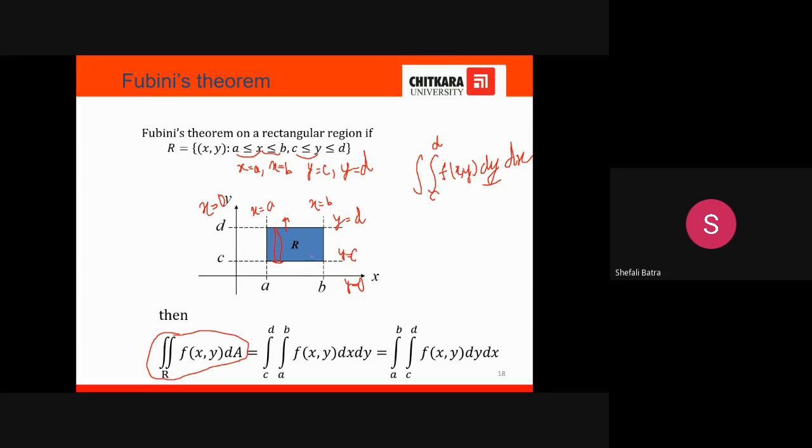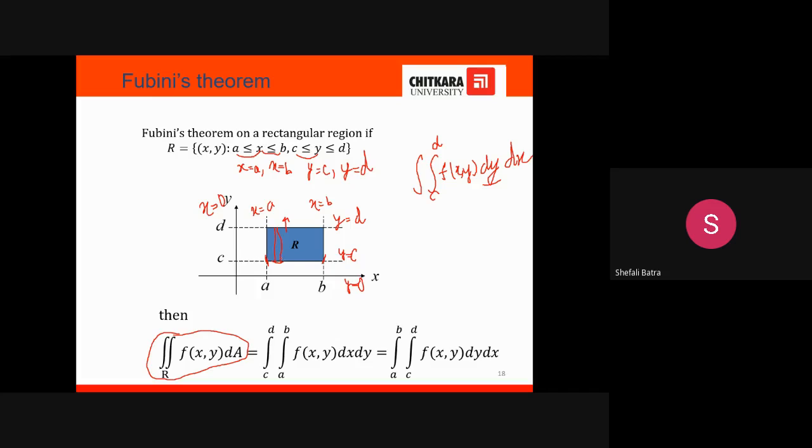To cover this whole region, this is your region of integration, we will be sliding this strip from this point to this point. You will be starting it here and then sliding it over. So this is how you will cover this complete region, right?